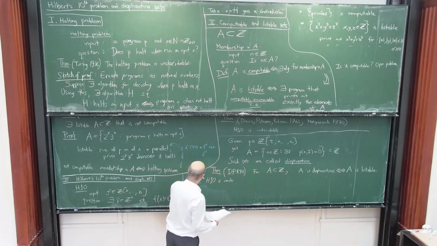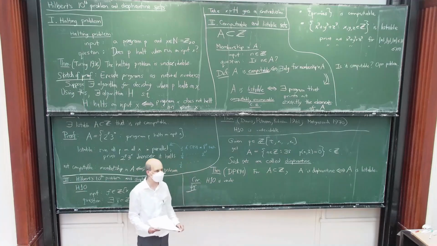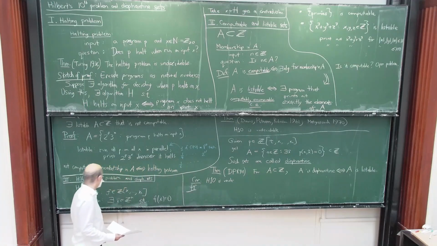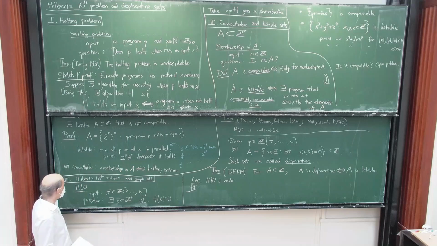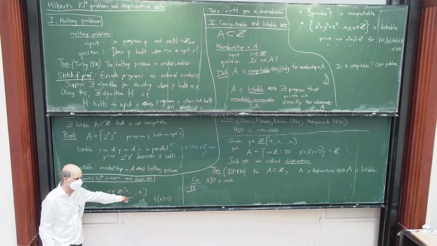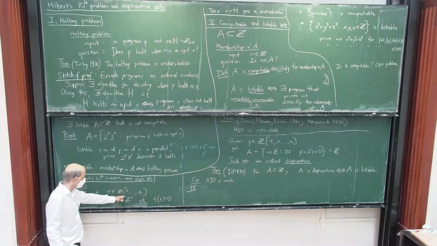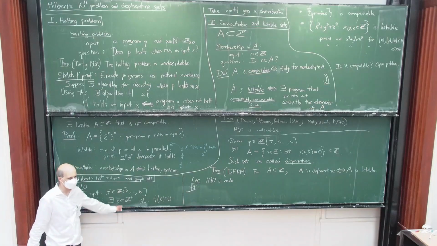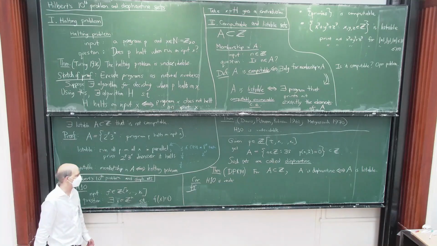Question: is the n there fixed? No, n is variable, but it turns out that even if you fix n, as long as it's at least 11, I think, then this is undecidable even for fixed n. For 10 and under, nobody really knows.